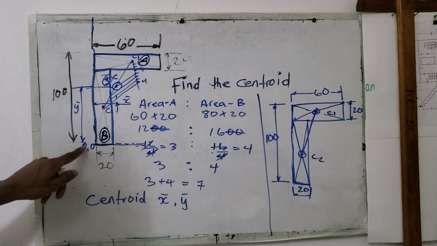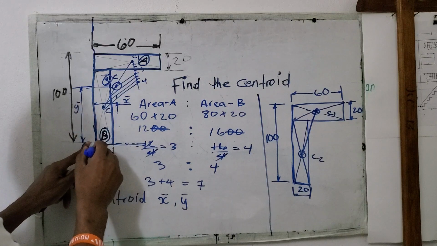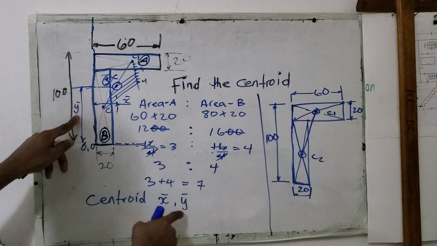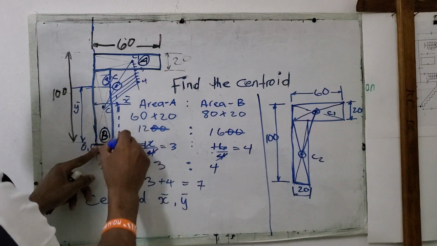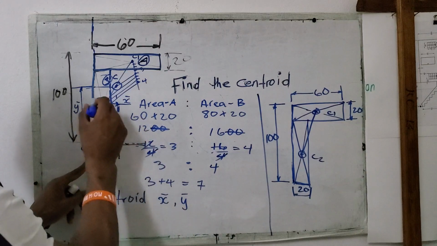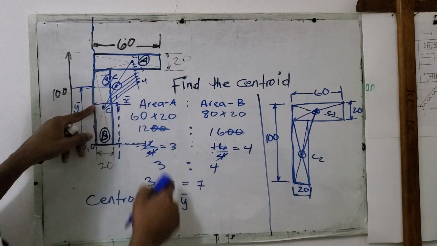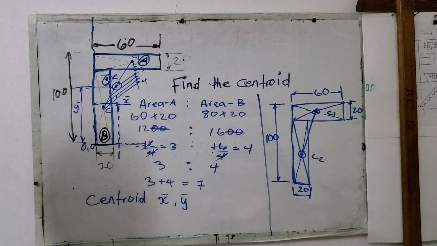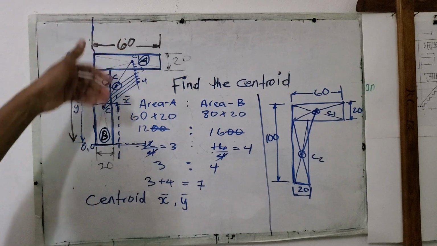So if here is 0, the centroid is located this distance, and the Y value is this distance here, from here to here, and from here to here is the X value. So the centroid is located this distance on the X, and that distance on the Y axis, or the Y bar. And that is basically how we find the centroid for a composite material.